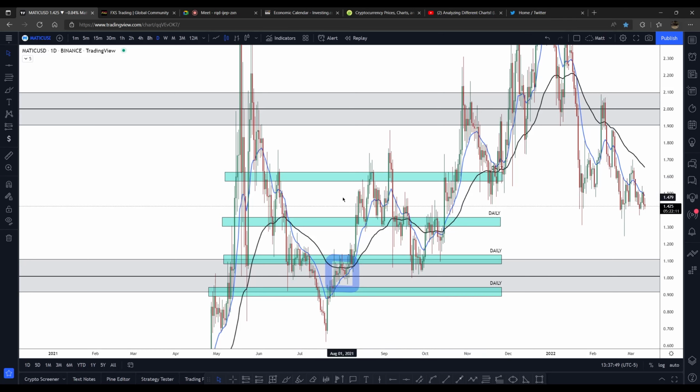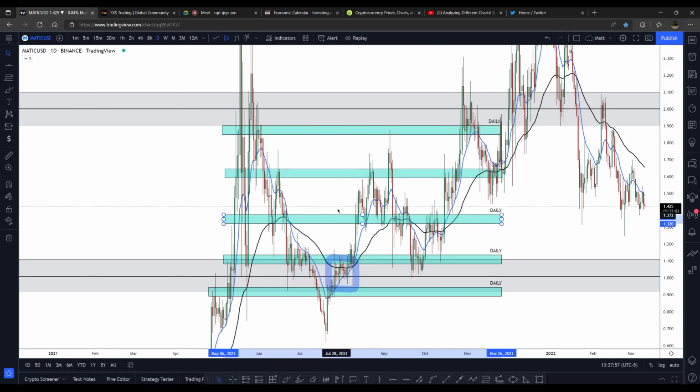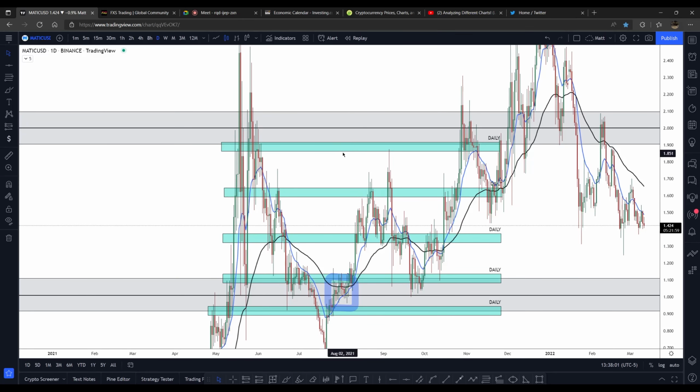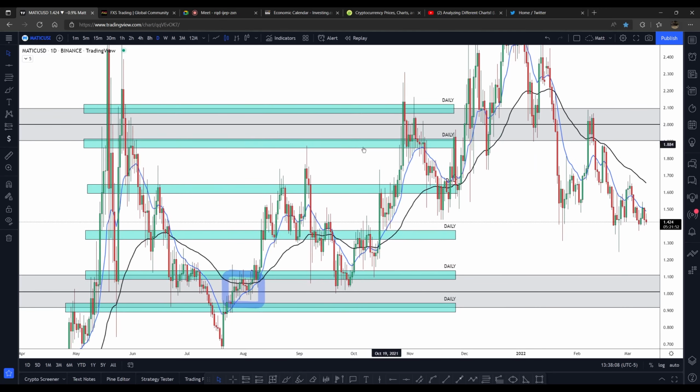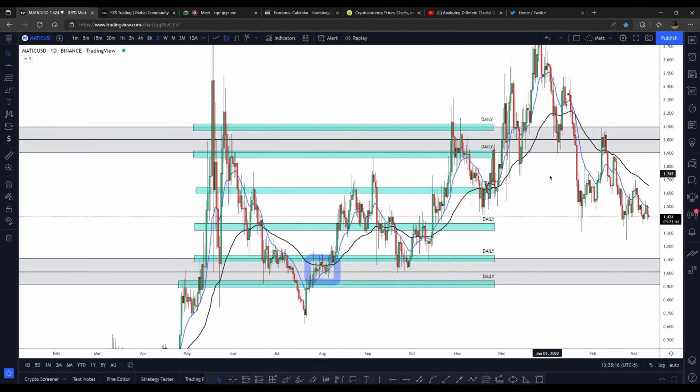It doesn't have to be exact, but for the most part they are pretty similar in distance. Now if I extend these, more or less something like this, notice how these daily zones, the ones that I'm drawing right now, once again align: the distance between this upper daily zone and this lower one aligns with the range that I have drawn for my weekly zone.